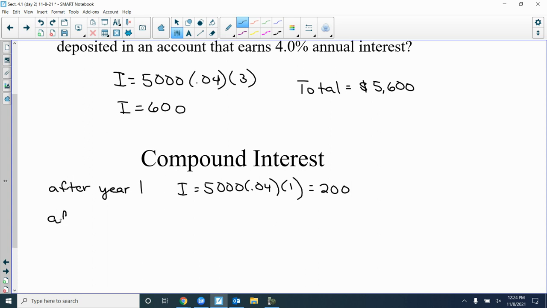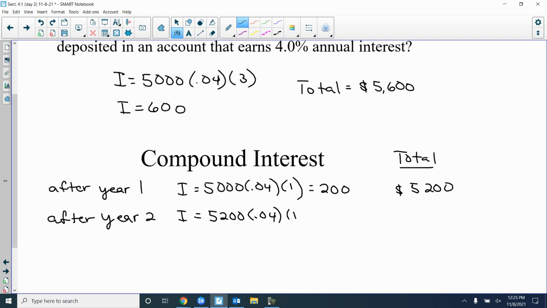So after year 2, your total will be 5,200. After year 2, your interest will now be 5,200 times 0.04, again times 1, because it's been 1 year since you last took the interest.